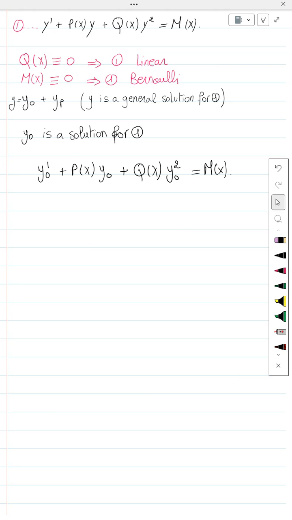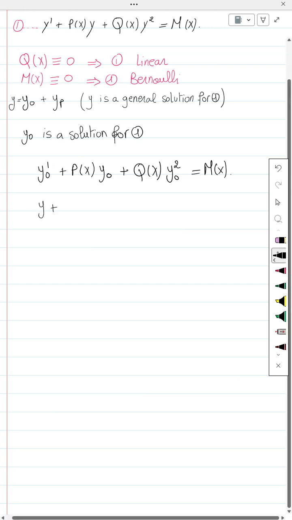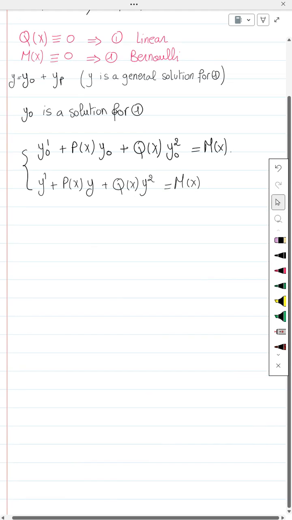And y is the general solution. So when we replace y in the equation, we're going to get y prime plus p(x) y plus q(x) y squared is going to be equal to m(x). As you can see here, y is equal to y0 plus yp. So we're going to replace y.